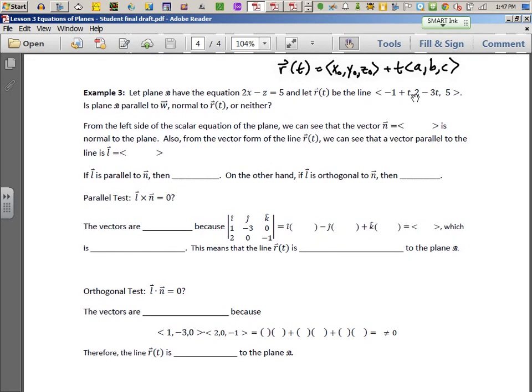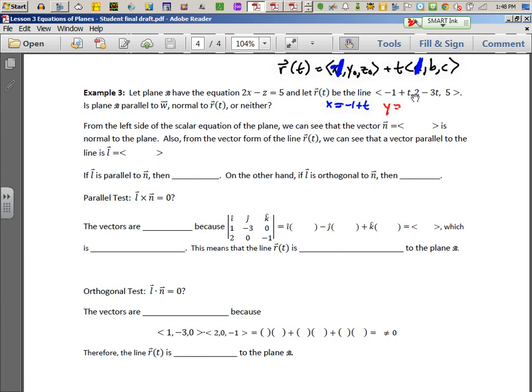This is given. So basically x is negative 1 plus t, which means that this is really a negative 1, and this is a 1. So there's your negative 1 plus t.